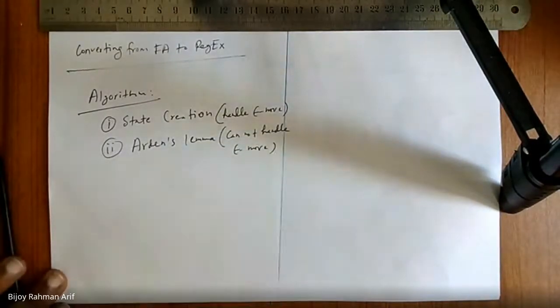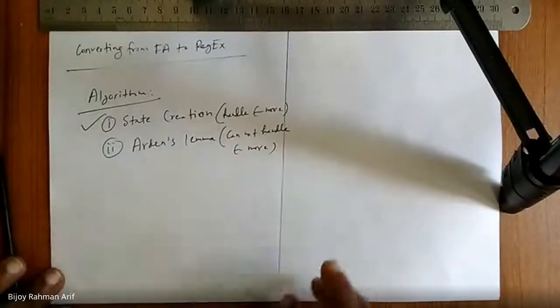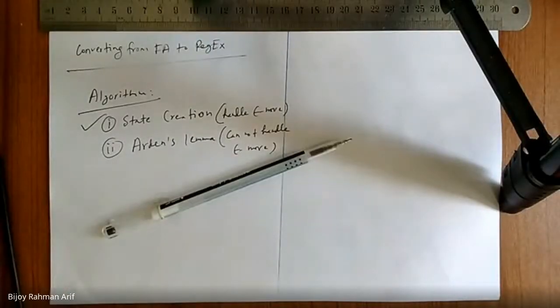So which one is powerful? The state creation. So if we have epsilon NFA, Arden's lemma fails. But state creation, we actually can handle epsilon. It can even handle epsilon NFA.